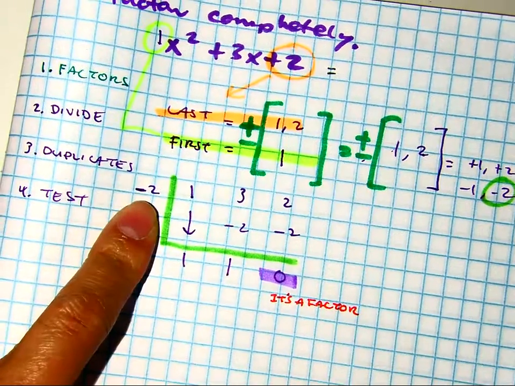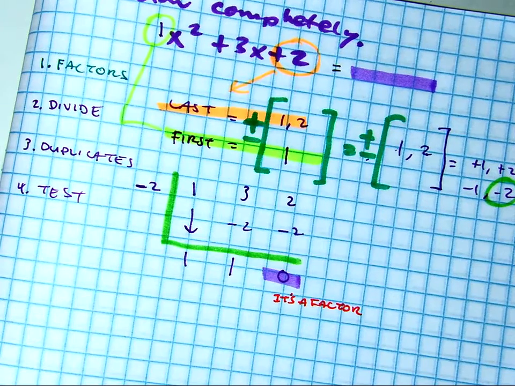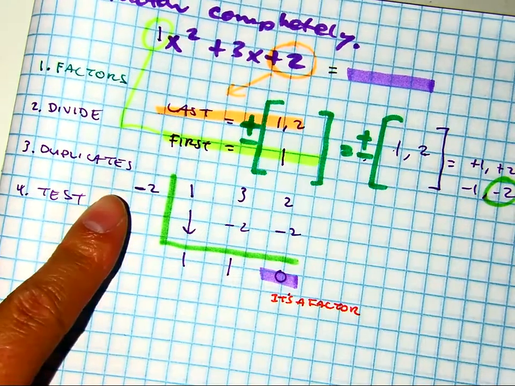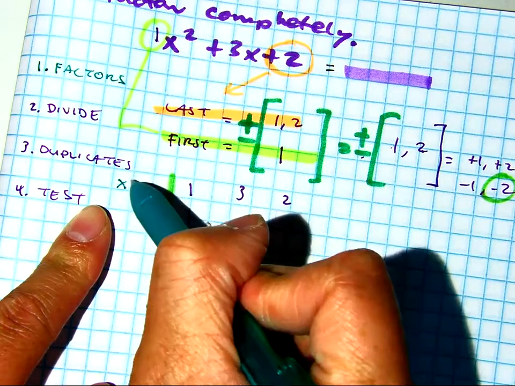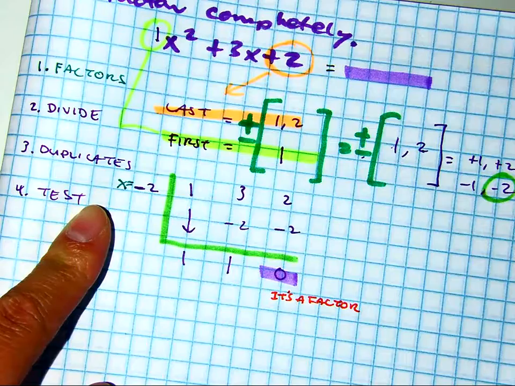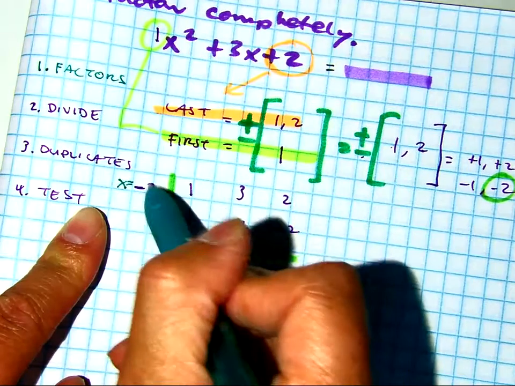If x equals negative 2, what's the binomial? If x equals negative 2, how do you make that equal to 0? Well, I'm going to move the 2 away, so I have to do what? So x plus 2 equals 0. Okay?